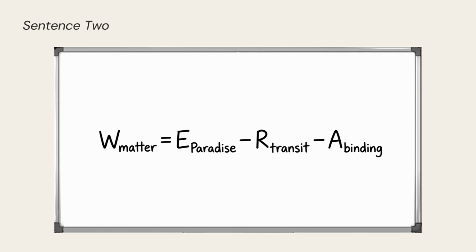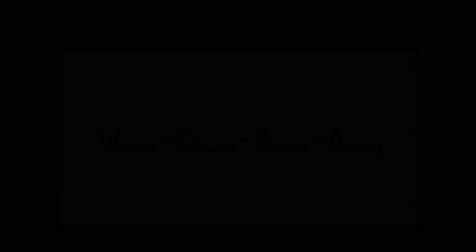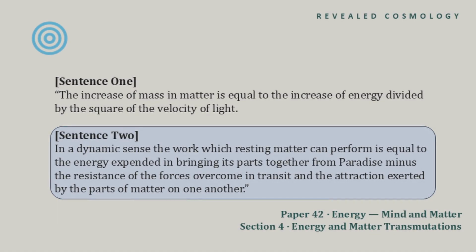Einstein's equation has no origin term. Energy and mass are interconvertible anywhere, with no reference to where the energy came from. The second sentence gives the equation a source, paradise, and an accounting of what was invested along the way. The investment was administered.